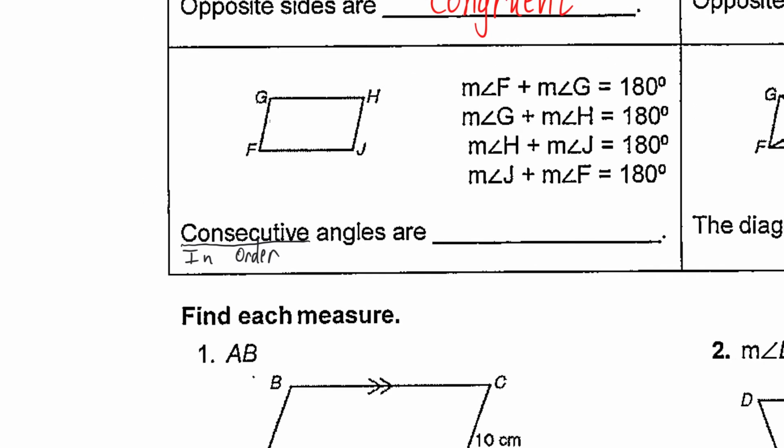So consecutive angles are supplementary. And what does supplementary mean? 180. Okay, good. It means they add up to equal 180. So consecutive angles are supplementary. They add up to 180.